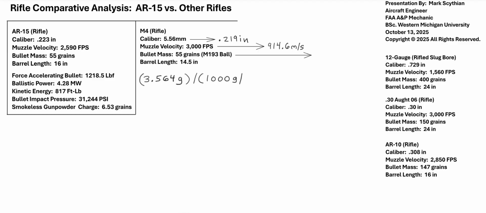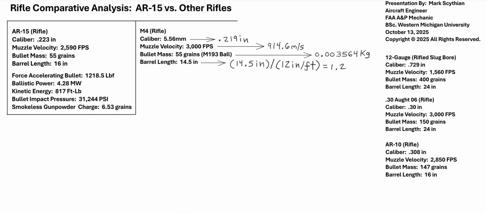So that would be this value here. Then we have our barrel length converted to meters as well. .28 feet to a meter. So now we have 0.369 meter long barrel, the bullet mass, the bullet velocity in meters per second, and the caliber converted to inches.